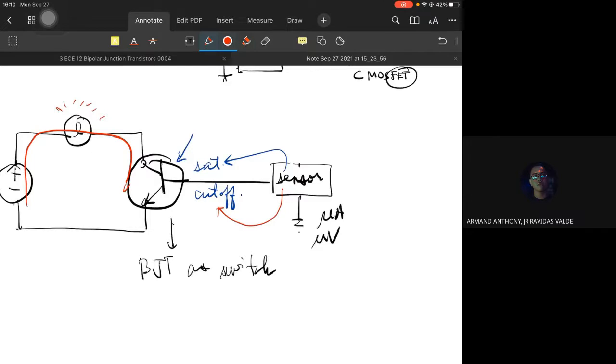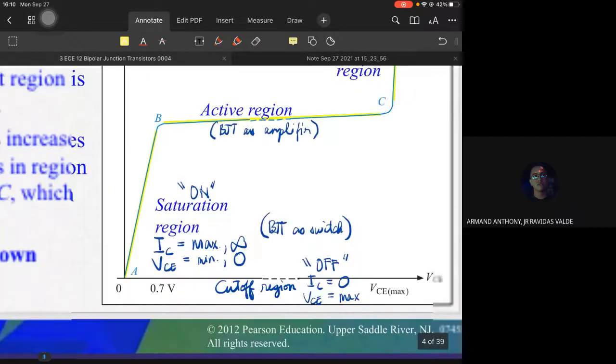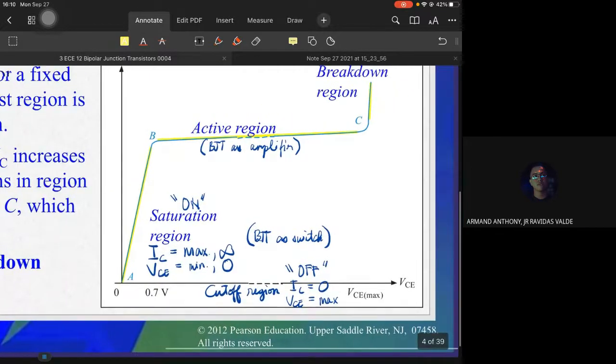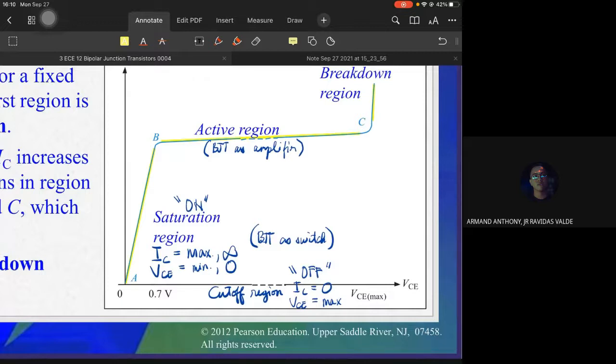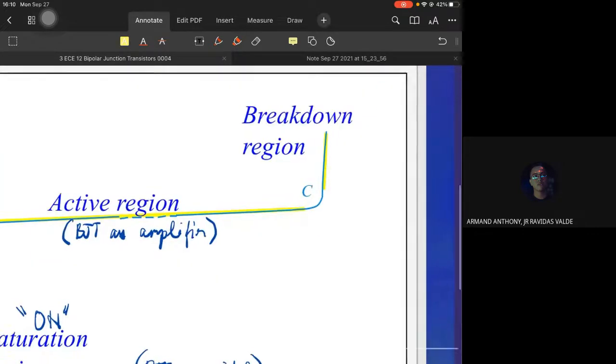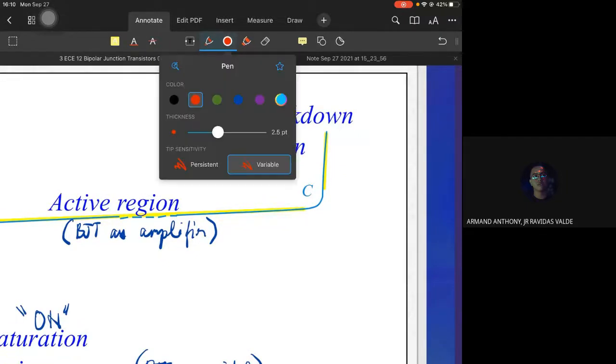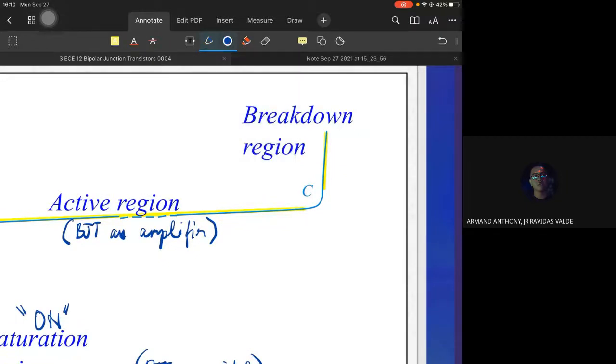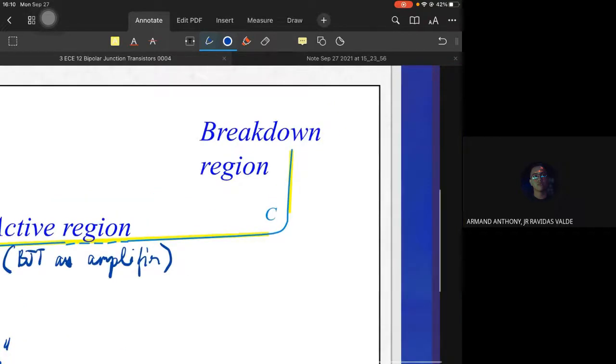Actually, those are the three most important regions of operation of our BJT. The other one is the breakdown region. If ang atong transistor reaches this region, the white smoke will come out of our transistor.